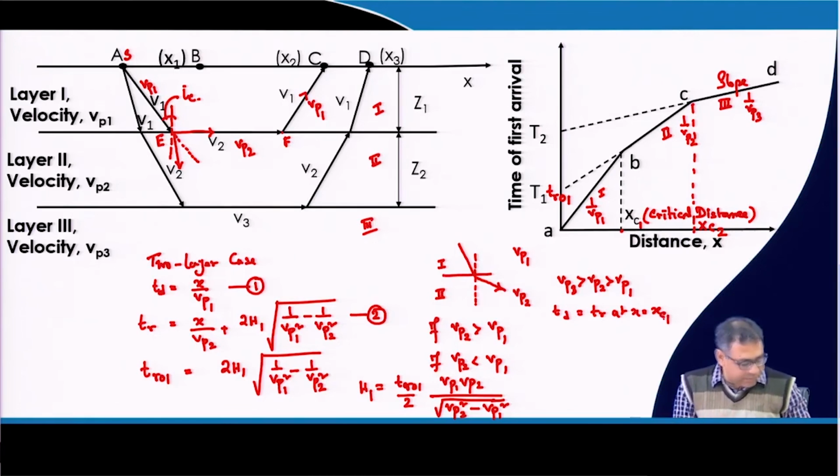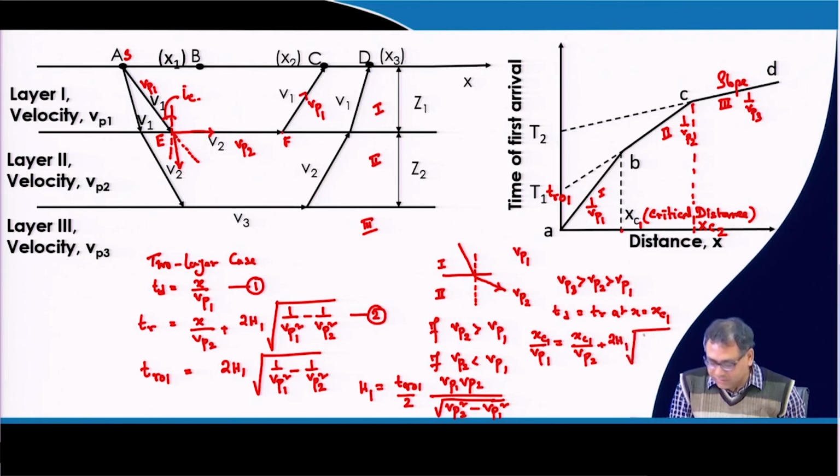So, if I put that in, I can write that xc1 divided by Vp1 will be equal to xc1 divided by Vp2 plus 2h1 root over 1 by Vp1 square minus 1 by Vp2 square.